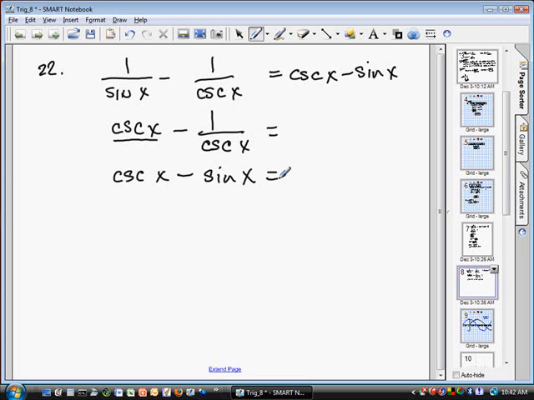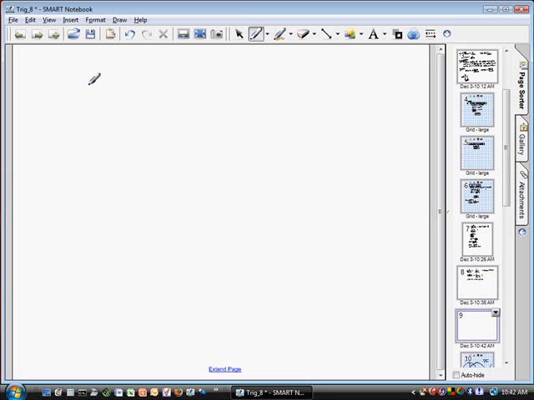All right, how about 9? Looks like this will be our last one. Number 9. The identity is sine squared alpha minus sine fourth alpha equals cosine squared alpha minus cosine fourth alpha.